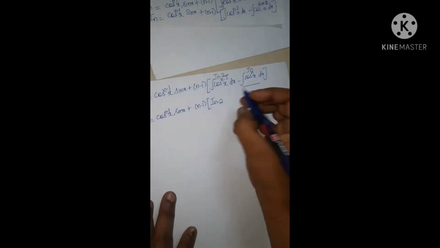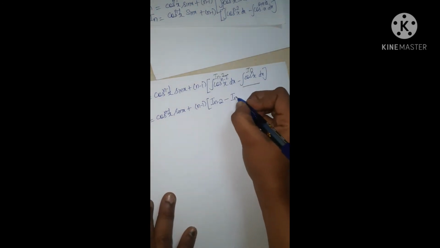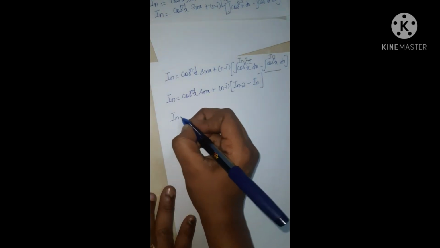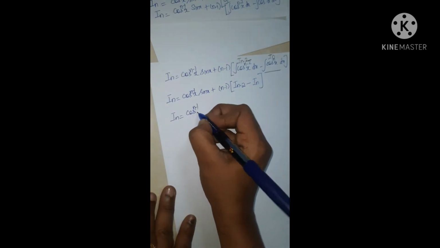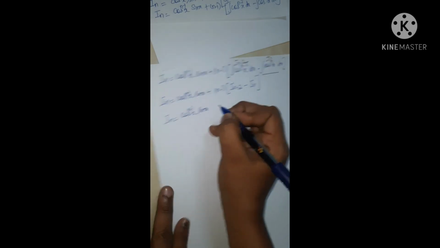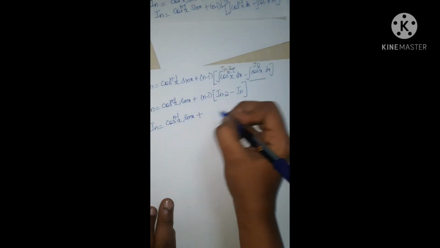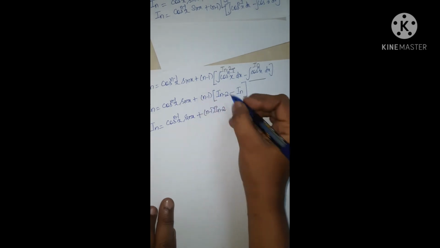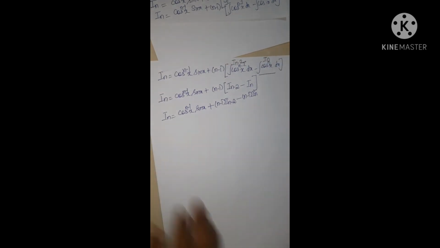That is what we have done here. Minus this is I_n, the given expression. So what happens now? I_n = cos^(n-1)x sin x + (n-1) I_(n-2) minus (n-1) I_n. Simplification is over.